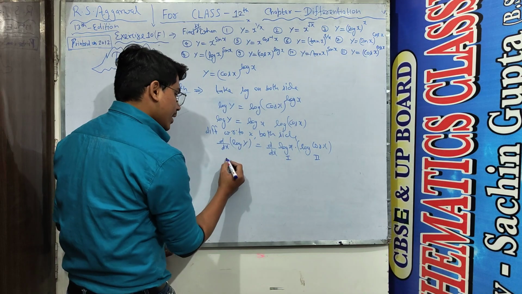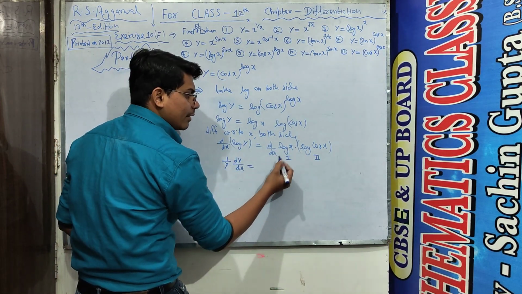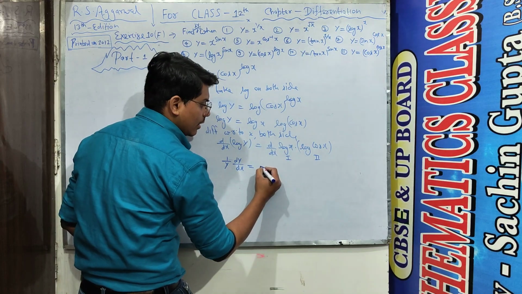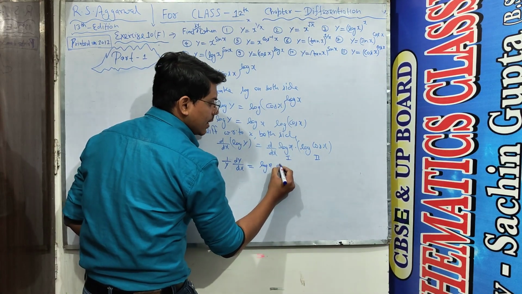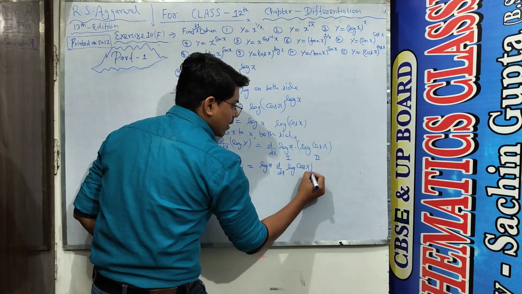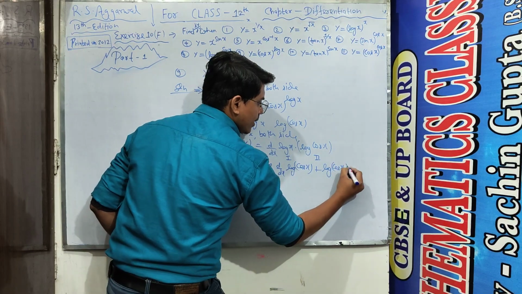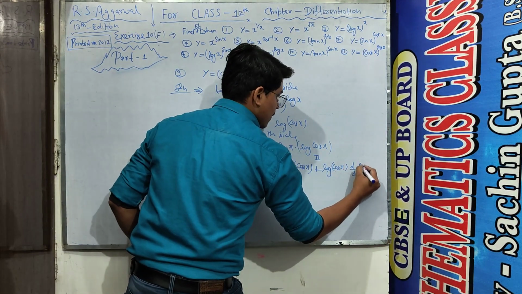Now we differentiate log y: 1 upon y dy by dx, and applying the first-second rule, first into d by dx of second, plus second into d by dx of first.